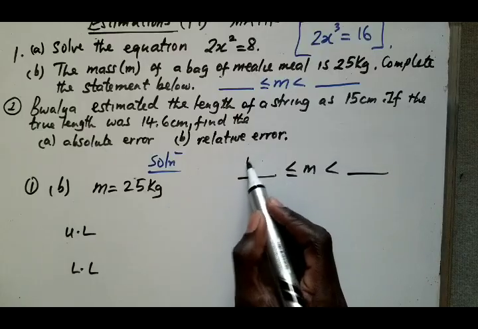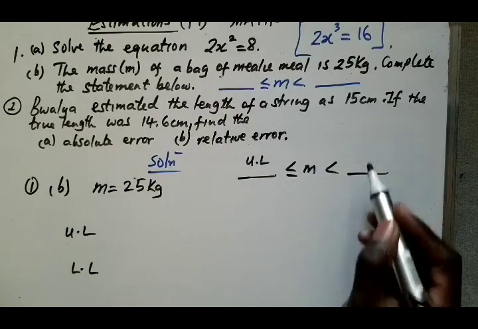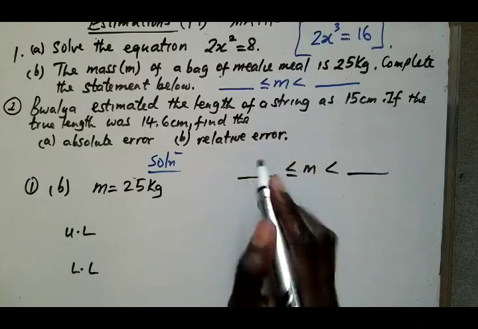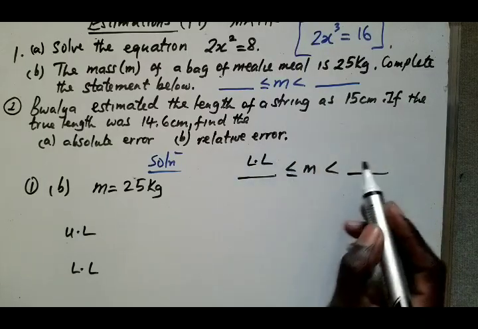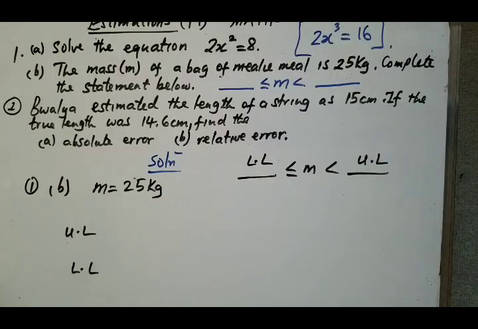Here we are going to put what we call the lower limit, and on the other side we are going to have the upper limit. So our job is simply to do that.